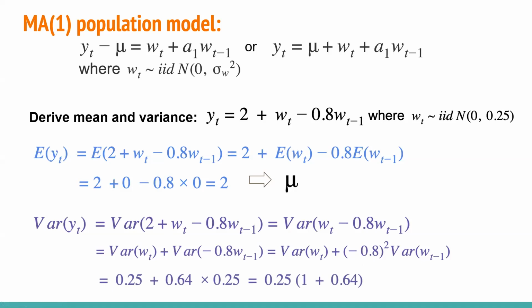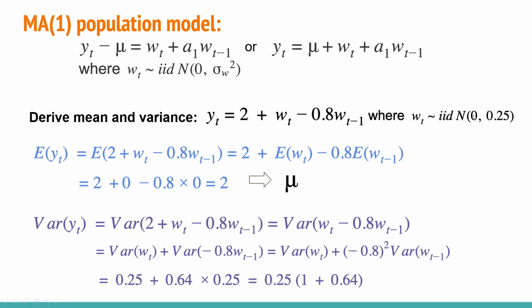Another thing I want you to know: the variance of a white noise, whether in the current period or the past period, is going to be the same as the one specified here. That is the reason why there's no difference between the variance of WT and the variance of WT minus 1. We are assuming that the variance of a white noise, at any point in time, is going to be the same.